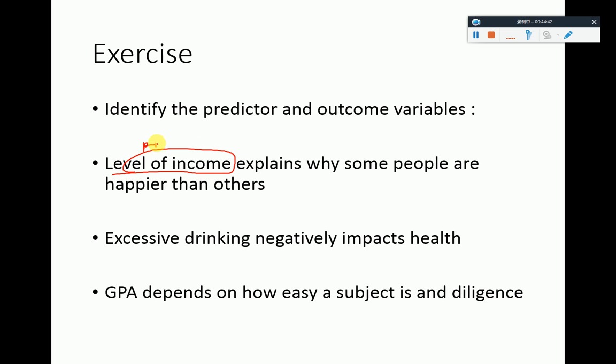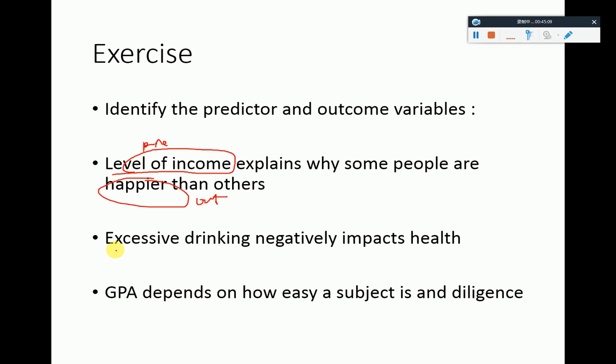That's the predictor, because we have the keyword here, level of income explains. The definition of a predictor variable is the variable that predicts, that explains. So that's our predictor variable, and the outcome variable is happiness. That's our outcome variable.